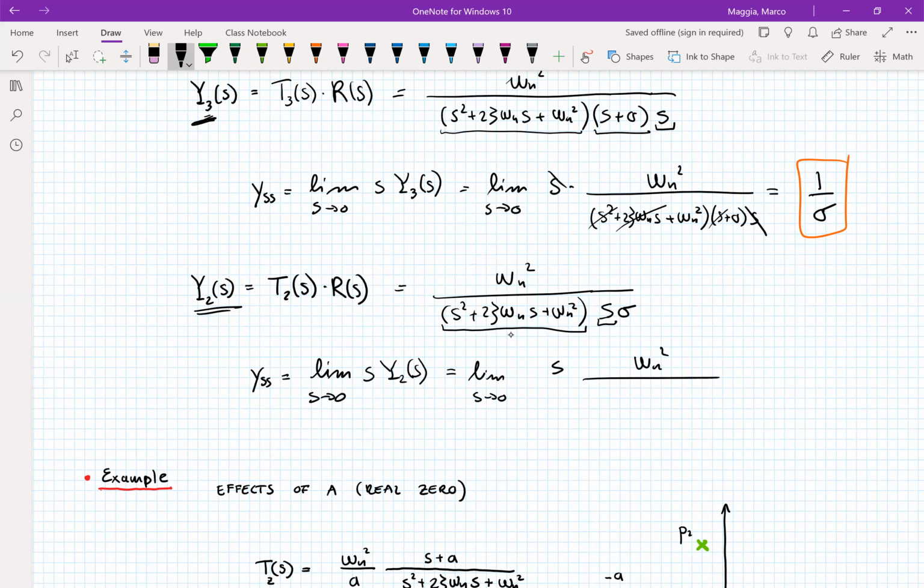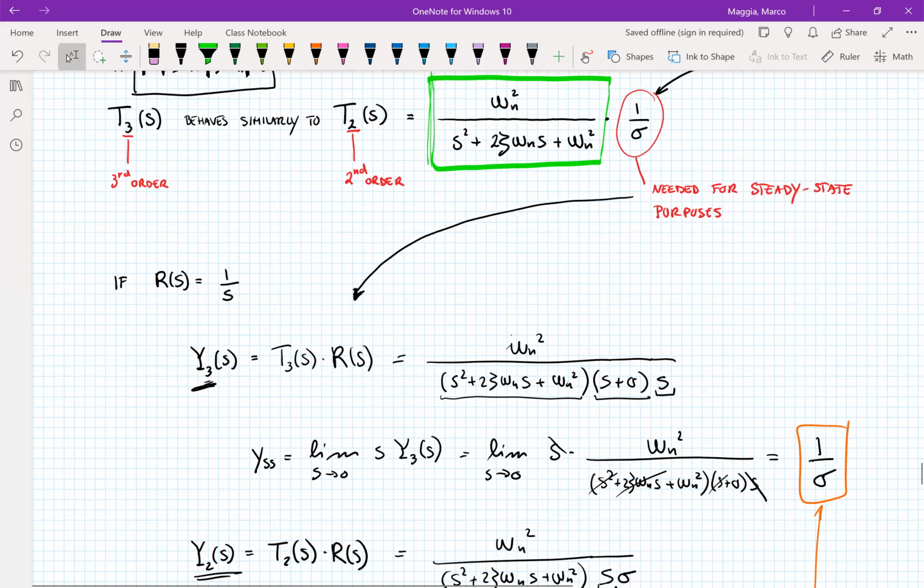And so if s goes to 0, this and this go away, and we're left with, once again, 1 over sigma. So you see that the scaling of 1 over sigma is necessary in order to meet the steady state requirements.